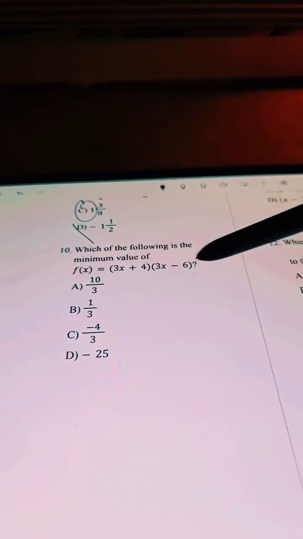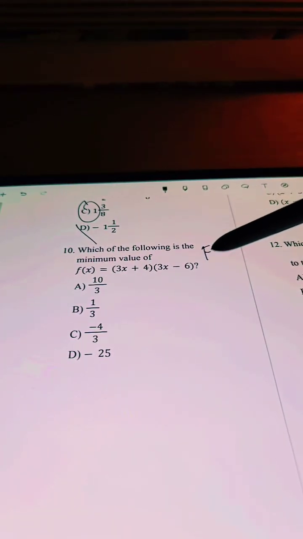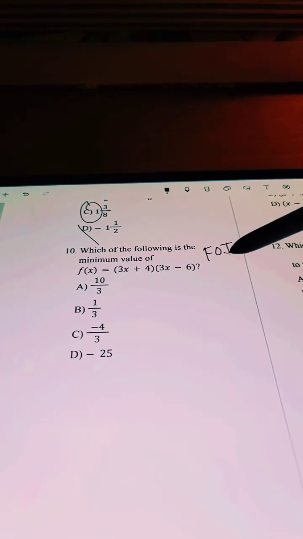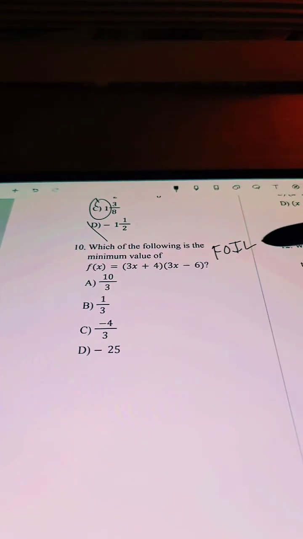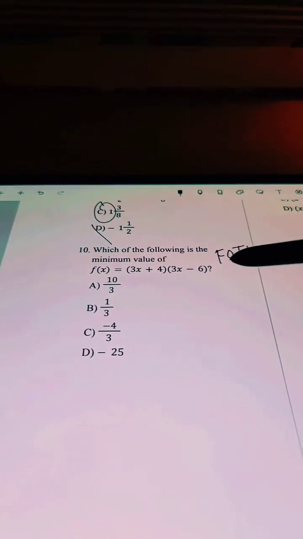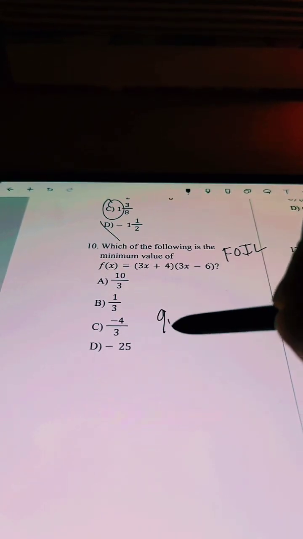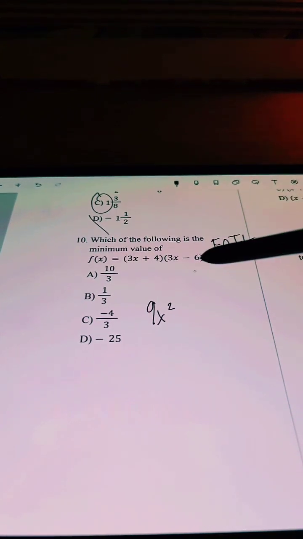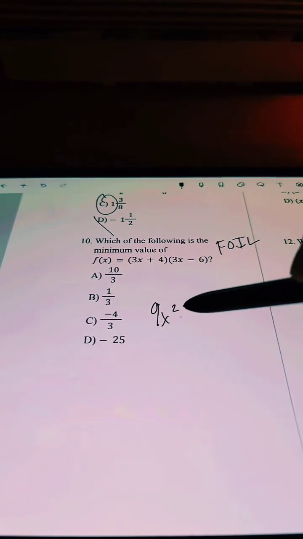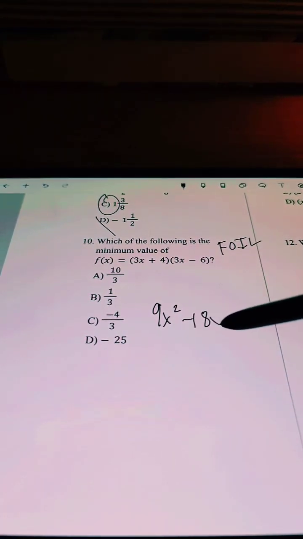So we're going to FOIL this out first. FOIL is an acronym that stands for what we're going to multiply together. F stands for multiplying the first things together, 3x times 3x, so that's going to be 9x squared. O stands for multiplying the outer things, so negative 6 times 3x is negative 18x.